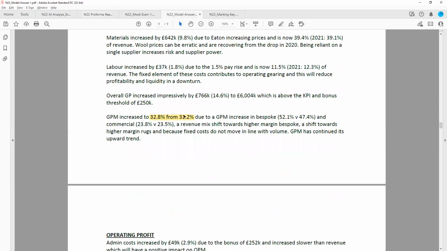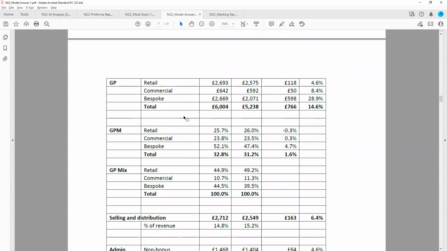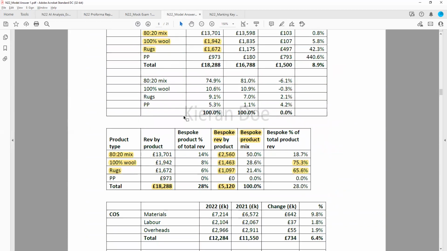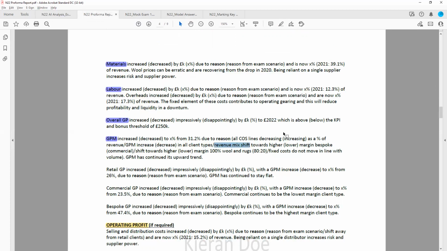So we can see here that more of business activity, so revenue, is for bespoke. Bespoke is higher margin, so that would improve the gross profit margin, because of the total revenue, bespoke accounts for more of total revenue now, and it's higher margin. And commercial accounts for less, and that's lower margin. So that's a reason why the gross profit margin will have gone up in the current year.